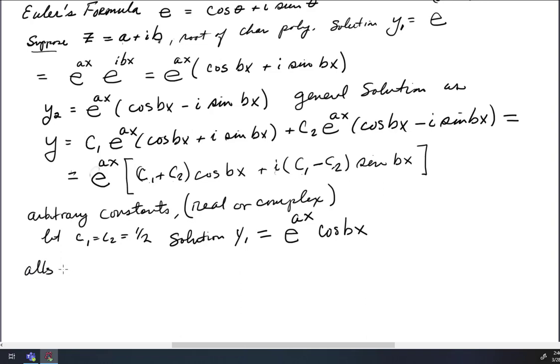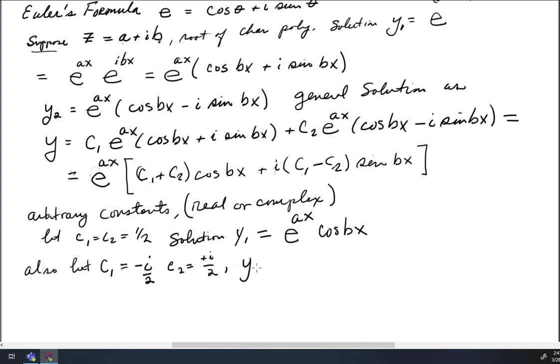And we could say also, that's not the way you spell also. We could let c1 equal negative i by 2, and c2 could be positive i by 2.